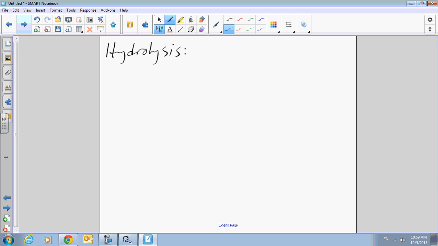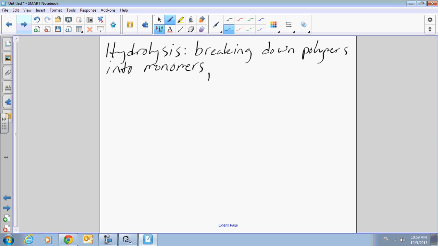We're breaking down a molecule that's called a polymer into its parts, which are called monomers. Exactly. And hydro means water. If the water was coming out in dehydration synthesis, and this is the opposite, then the water has to be going in. Consumes water.